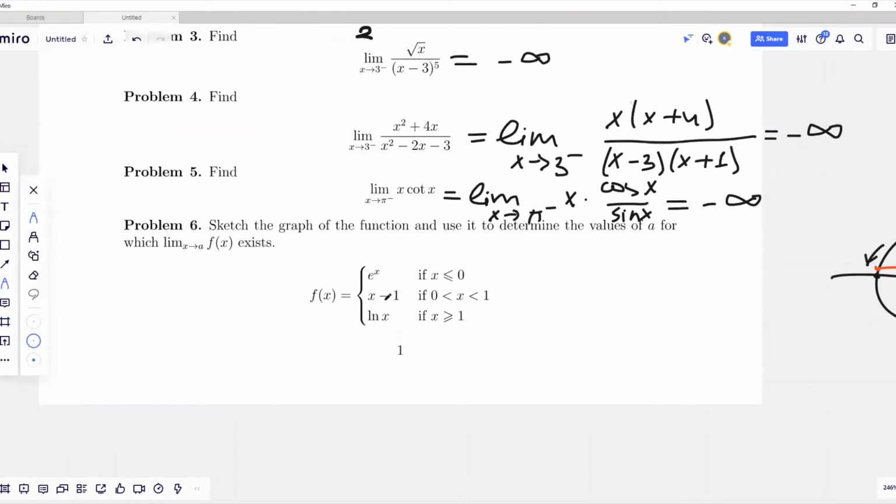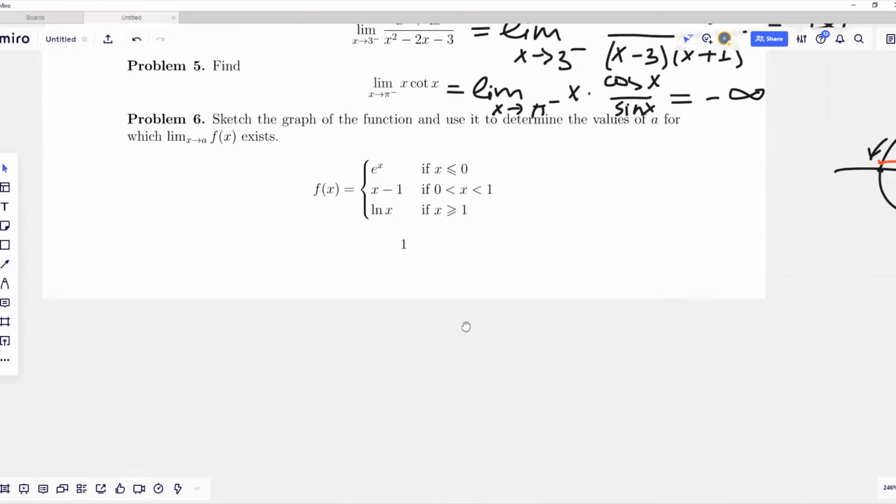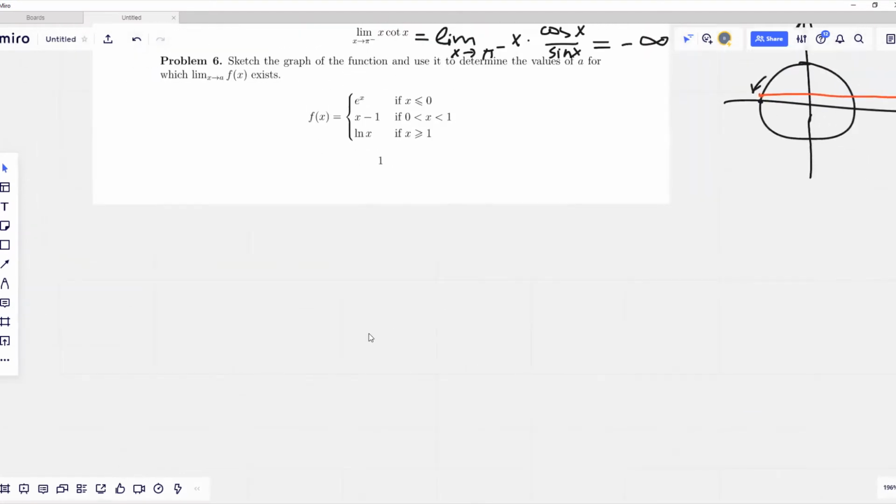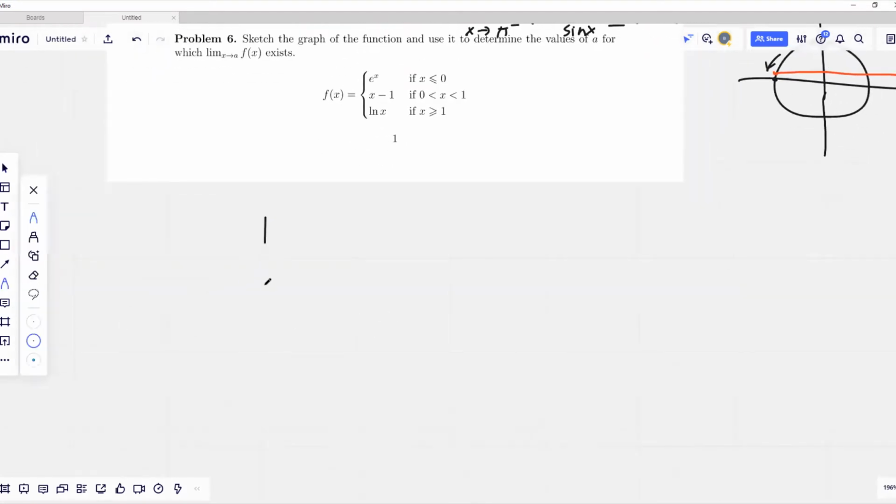All right, so let's sketch the graph of the function and use it to determine the values of a for which the limit exists. Yeah, let's plot that. When x is less than or equal to 0, we have a decreasing function like that.